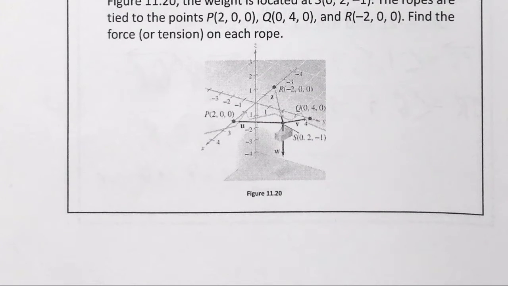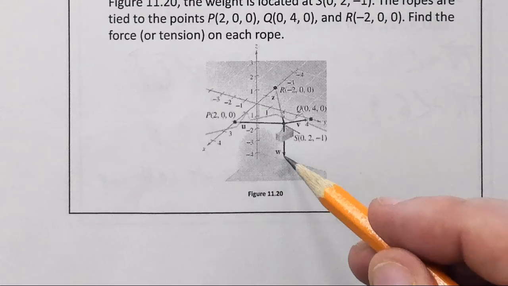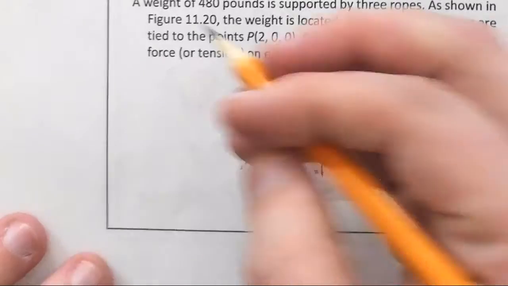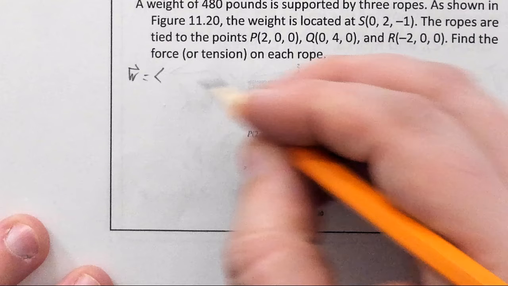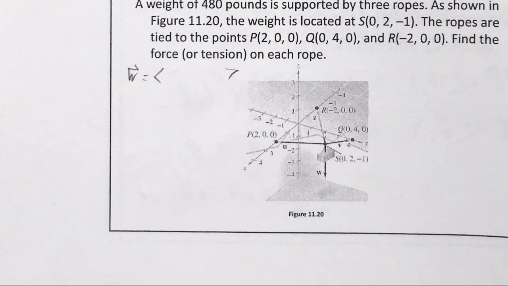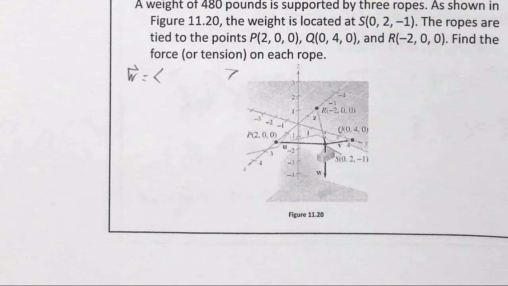Now the problem is, I need to figure out some vectors first. What's the blatant obvious vector they give you up there? S is the actual point, and you're looking at that W, from S down. If I wrote that out as a vector, what would that be for that vector W? You're representing the amount of force pulling straight down.